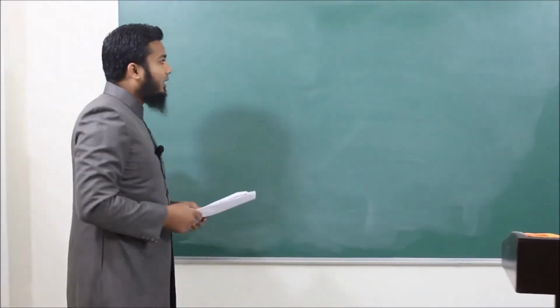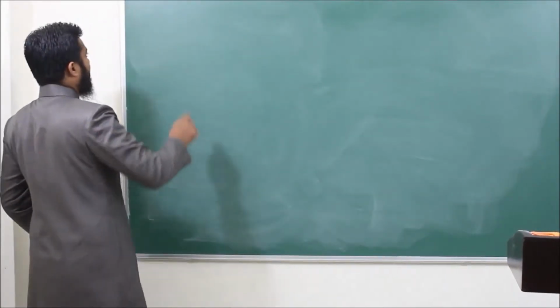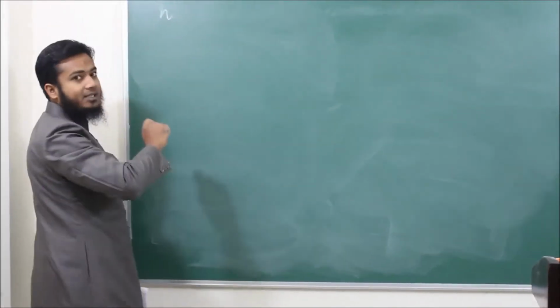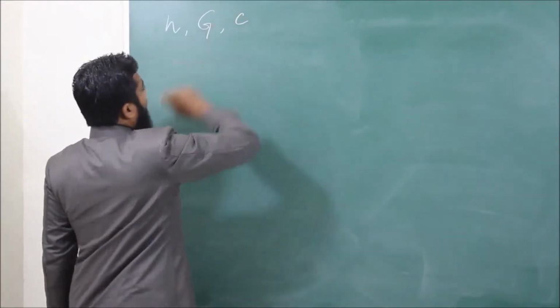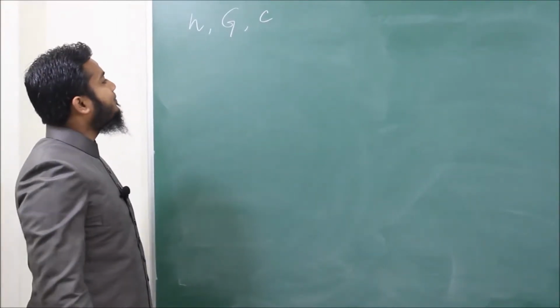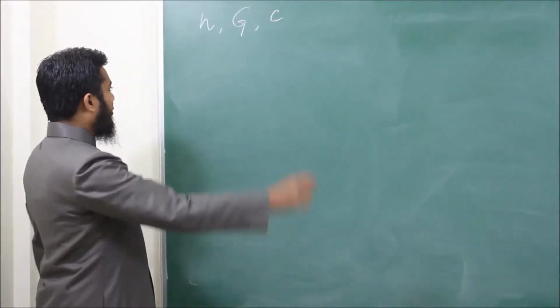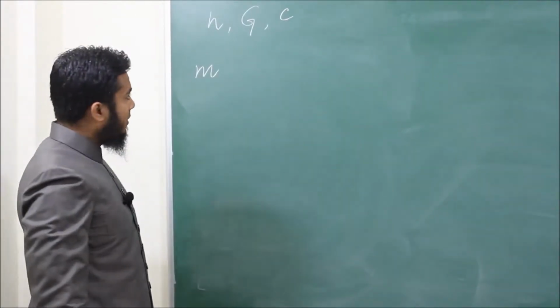So let's derive a dimensional formula for mass in terms of these base quantities. So I have chosen base quantities as Planck's constant, gravitational constant, and speed of light. For speed of light we write c, speed of light in vacuum. And I have to find dimensional formula for mass in terms of these quantities.